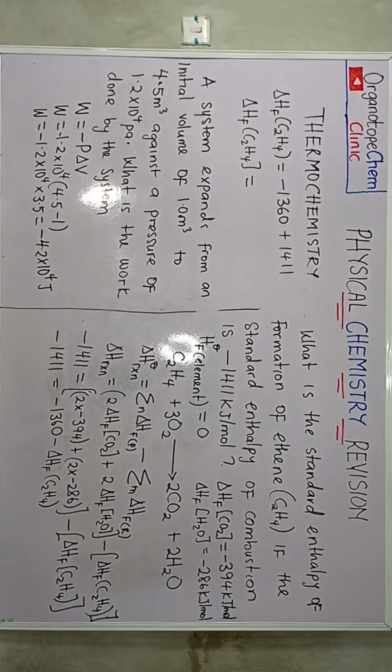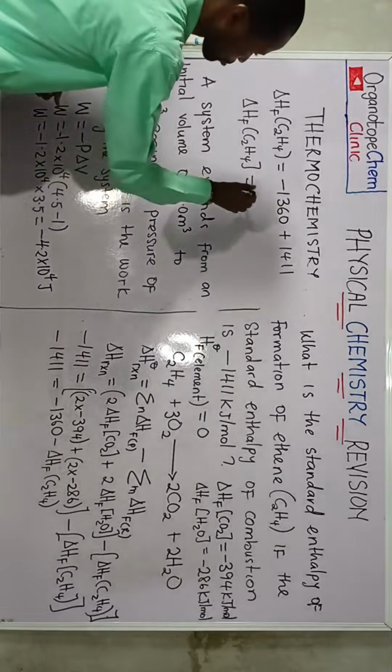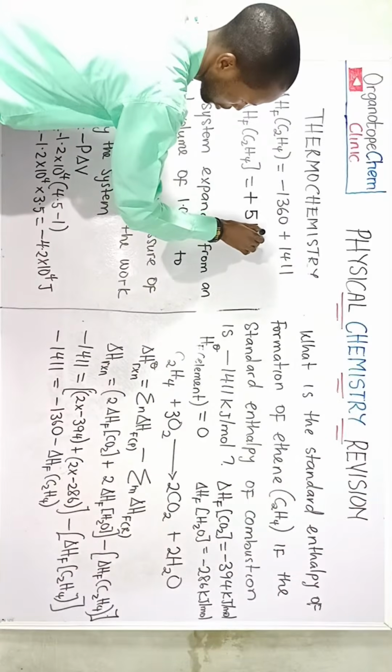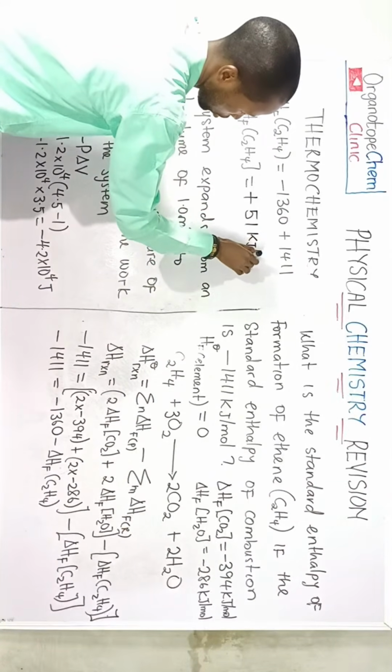Someone is having plus 51. Okay, so we have our answer as plus 51. You have to indicate the sign. Plus 51 kilojoule per mole.